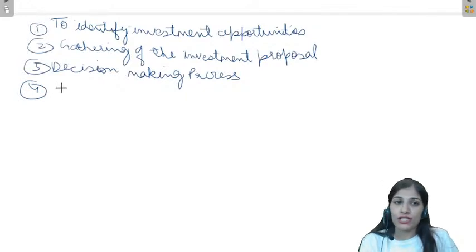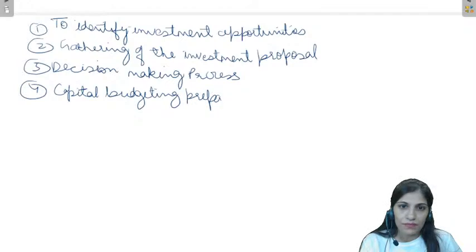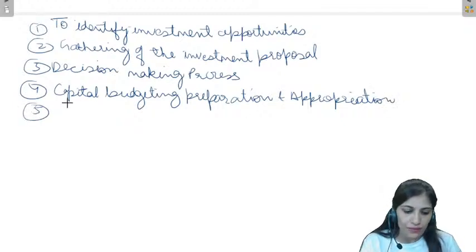After gathering we have to decide which proposal we need to choose, okay? After this, capital budgeting, preparation and appropriation.